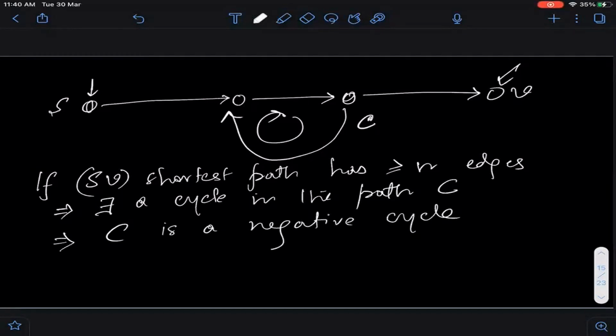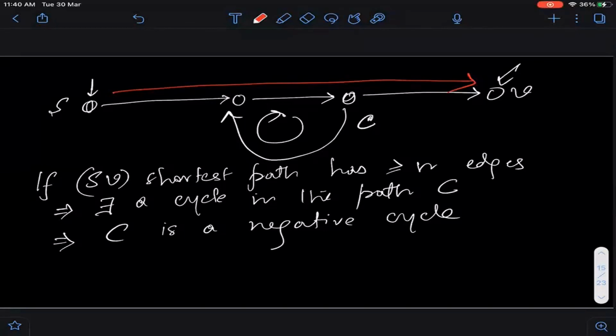There is no other option, because if this is not a negative cycle, then obviously this straight path is a shorter path, which is a contradiction. So the only way the path with the cycle can be shorter than the red path is if C is a negative cycle. But for now we are not allowing negative cycles, so we say that our graph does not have a negative cycle.